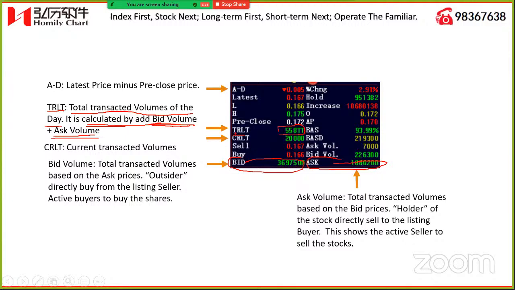Since when there is a trading, there will be both buyer and seller, right? So in a trade, there are always some bid and ask, and there is bid volume and also ask volume.